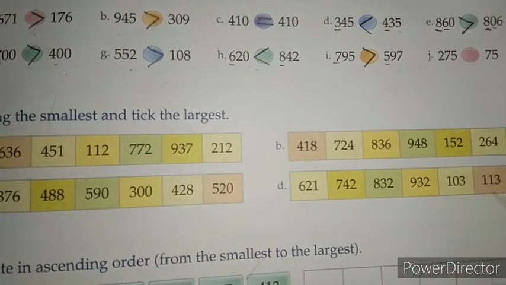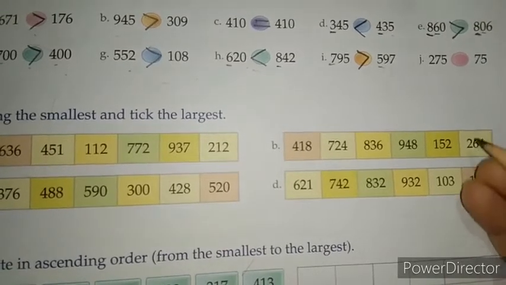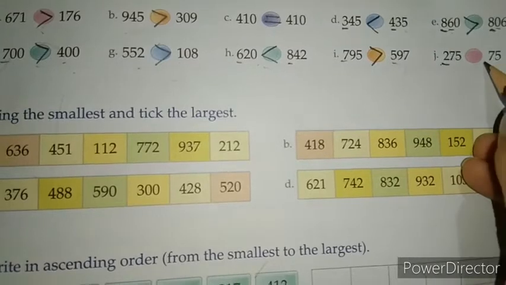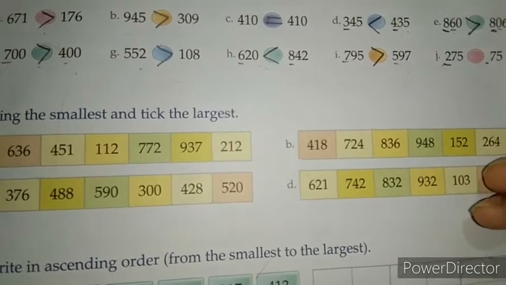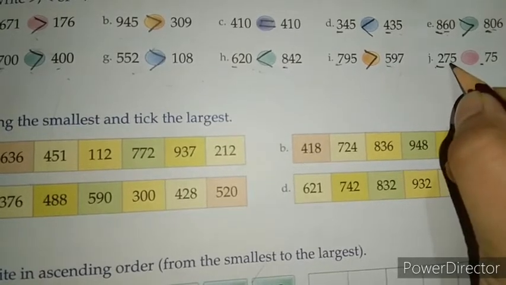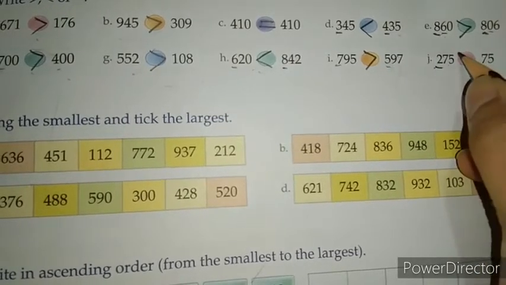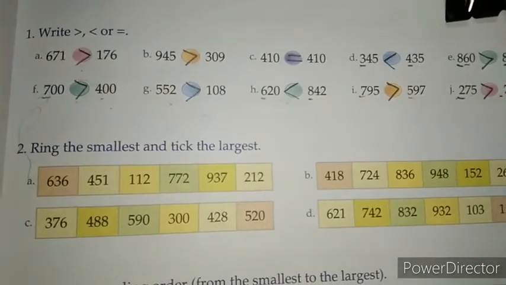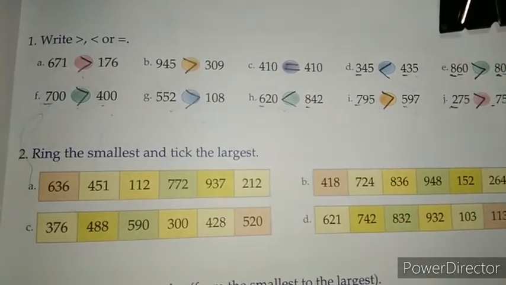Then which number is largest? So students, here we have 200 and here we have 0, which is greater? So 275 is greater than 75. So write this sign. Understood all of you? How will you compare numbers? Very good.